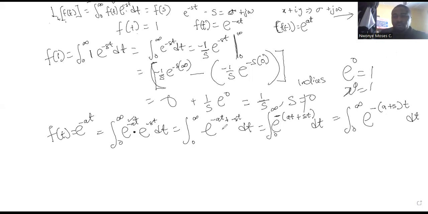Now, good. So here, all I need to do is to integrate. Similarly, I know if I integrate this function, I'm going to get that function back: exponential minus a plus s, t. But here, we're going to negate 1 over this particular function, which is a plus s.